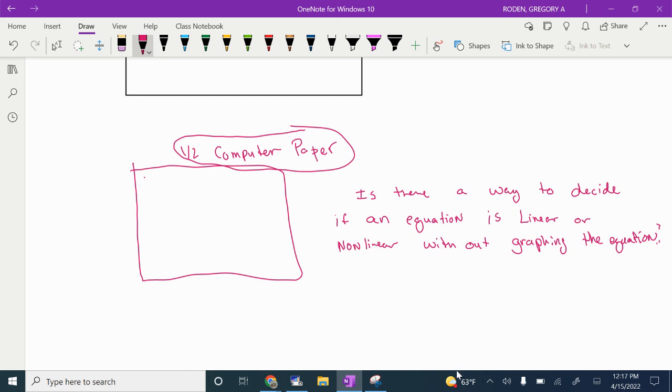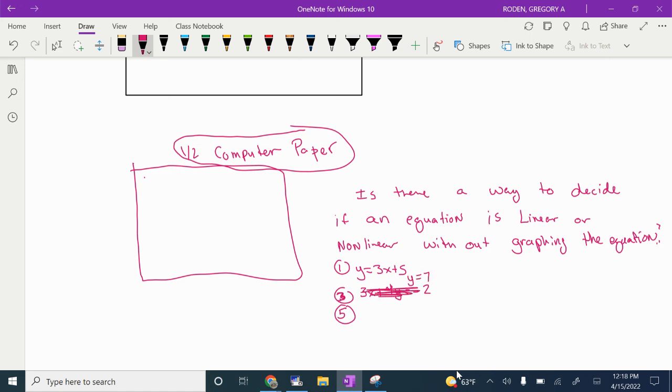Now, at this point, you should know that box 1 is y equals 3x plus 5, and box 3, sorry guys, I read that wrong, box 3 is y equals 7.